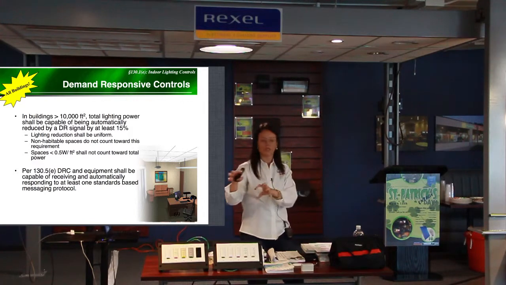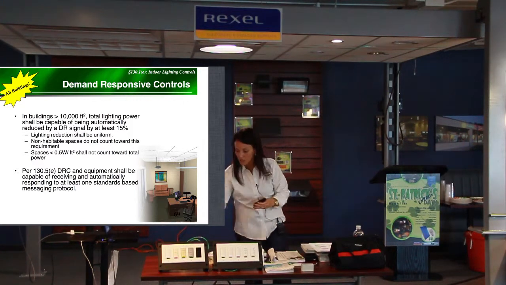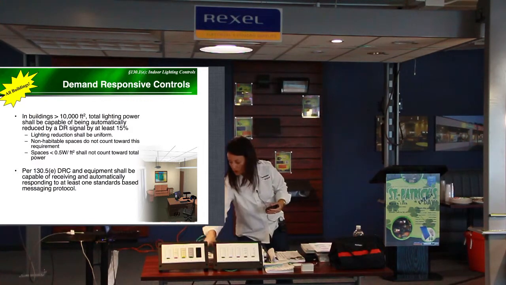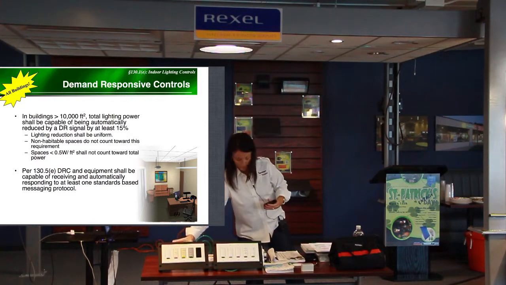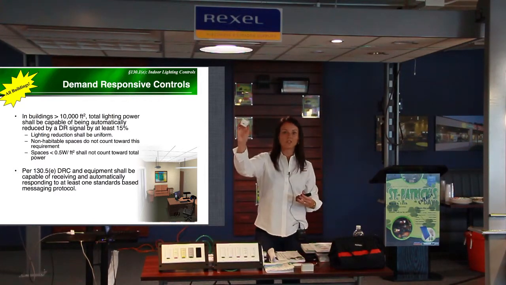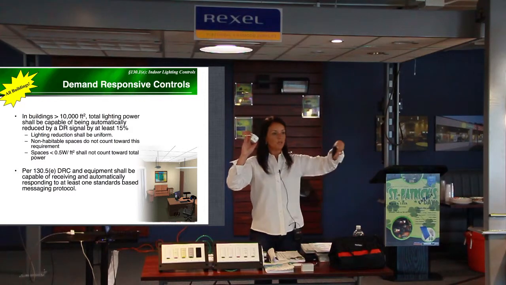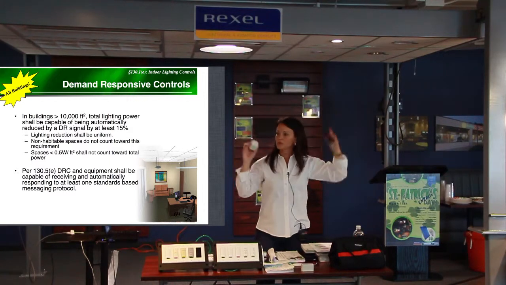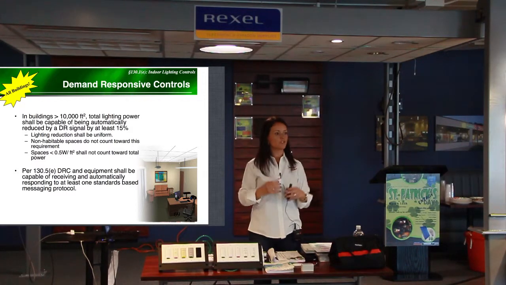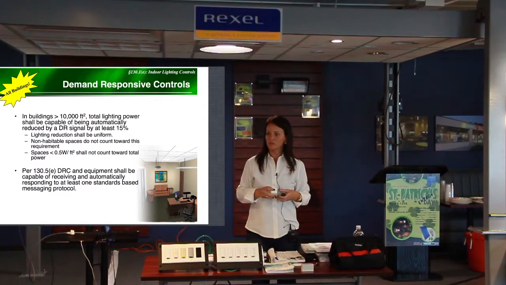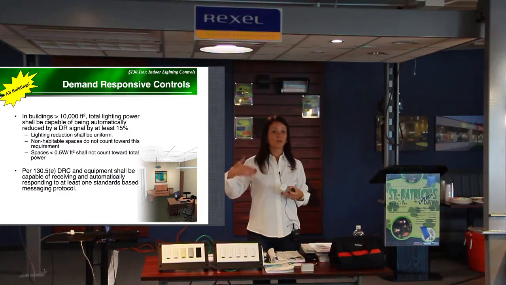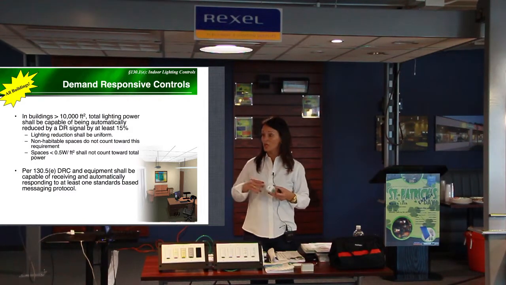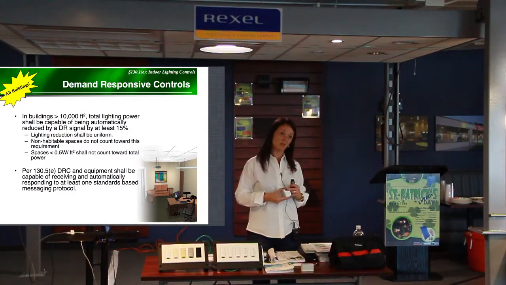I can have an intelligent occupancy sensor connected to an intelligent power pack, linked to a little BACnet bridge, and they can all be MS/TP connected back to a building automation system, and I can drop everything 15% based on a demand shed command. So manufacturers are trying to make those systems more approachable and more effective.